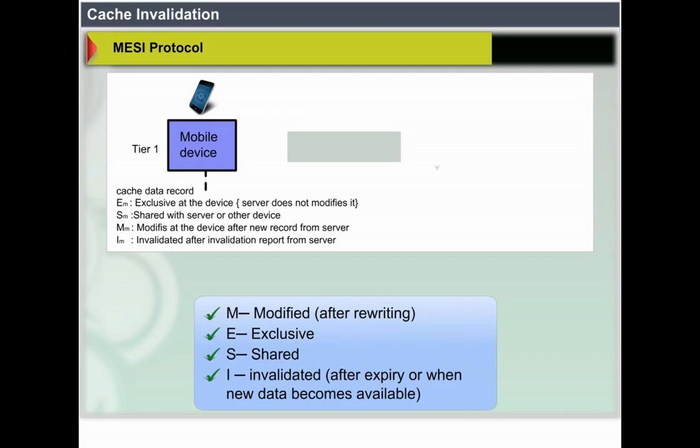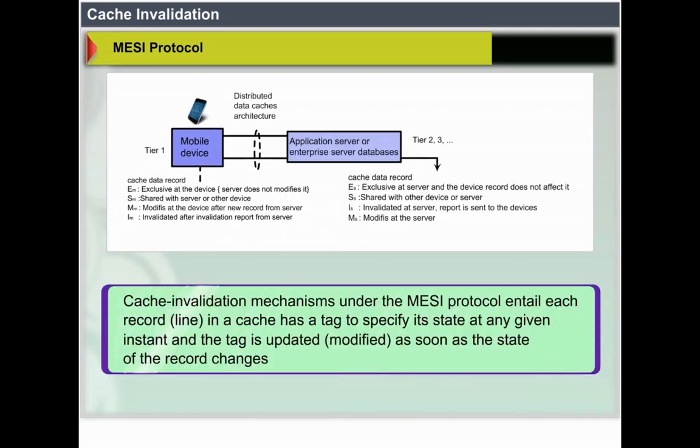S: Shared. I: Invalidated after expiry or when new data becomes available. Cache invalidation mechanisms under the MESI protocol entail that each record line in a cache has a tag to specify its state at any given instant, and the tag is updated as soon as the state of the record changes.